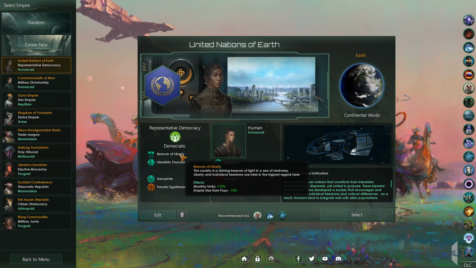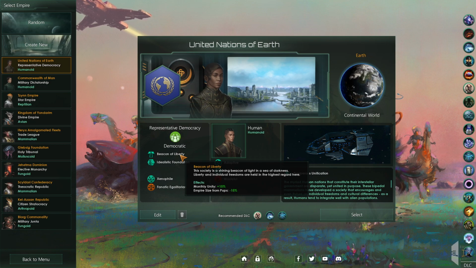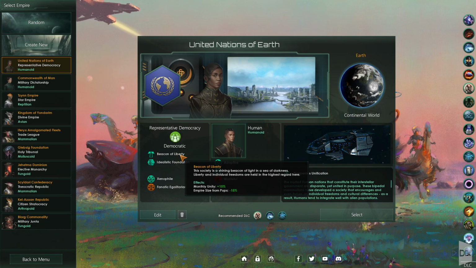What is this? Beacon of Liberty. This society is a shining beacon of light in a sea of darkness. Liberty and individual freedoms are held in the highest regard here. Affects monthly unity plus 15%.